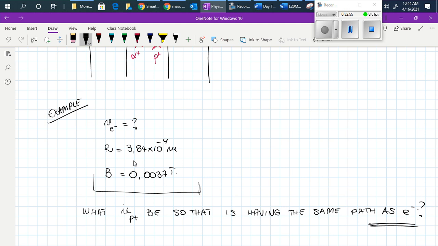So first will be what is the velocity of the electron, and then you will go, what should the velocity of the proton be so that it is having the same path as the electron? Okay, I will stop here. We will deal with this question in class as well, and you try it on your own, and I will go over and explain it to you in more detail in class.